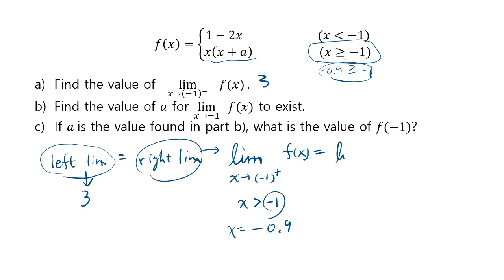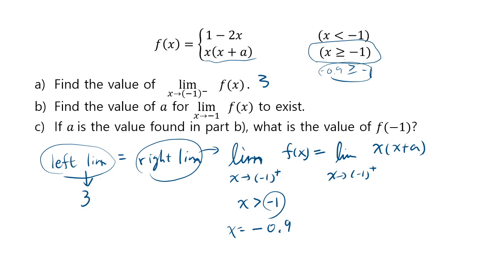So we use the limit as x goes to negative 1 plus of the second formula, x times x plus a, and that means now you can plug in negative 1. Notice that this plus or minus really didn't do much when we evaluate the value. It was crucial when we were determining whether we should use the first formula or the second formula.